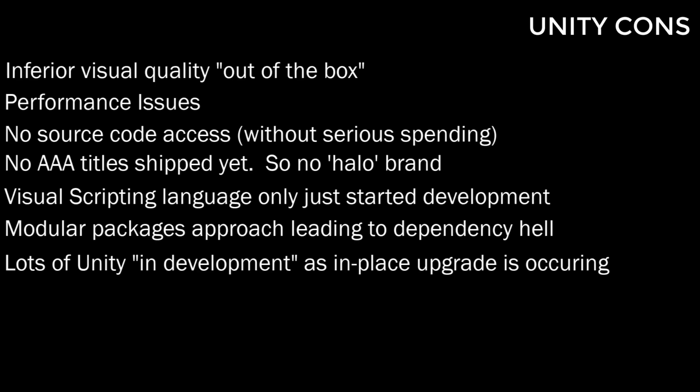This is why we've got things like the DOTS technology, the updated UI, and all that stuff being done in the open. Now, none of that technology is really usable in a game now, and it's going to take a while to become mature enough to be reliable. But the alternative is we would have had to wait 3 to 4 years and then basically start your game from scratch on the new technology. Did they take the right approach with just doing the upgrade in place? It's hard to say, but just know you're going to have some pain points while that upgrade is happening.